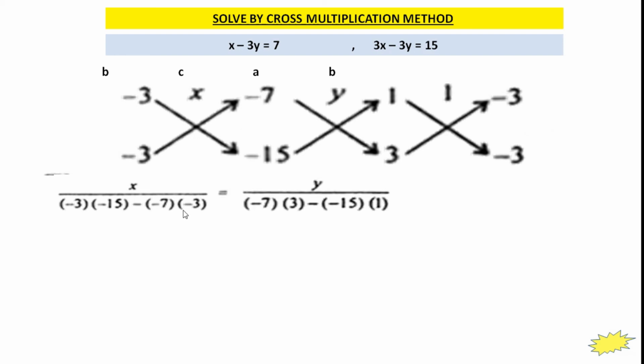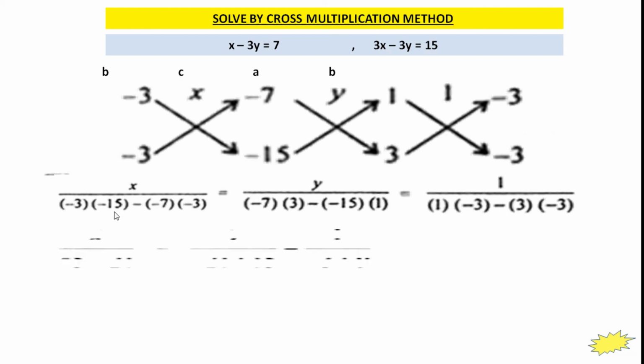The second ratio equated to the first one, y upon minus 7 into 3. First is always the downward multiplication, subtraction sign, upward multiplication. The third ratio will be 1 upon, again the downward multiplication, subtraction sign, upward multiplication.